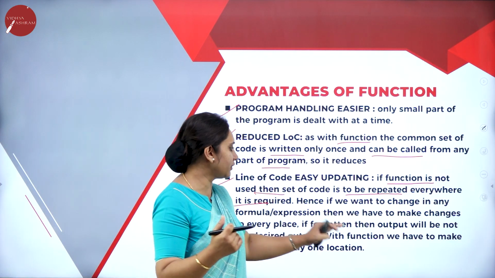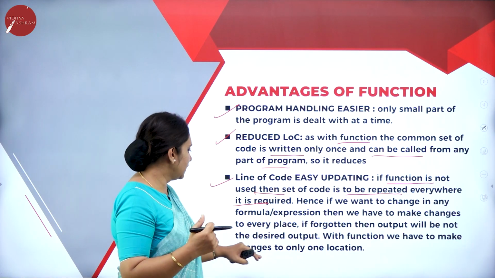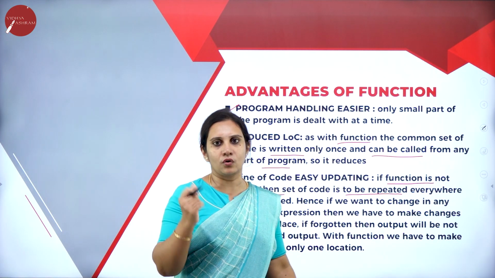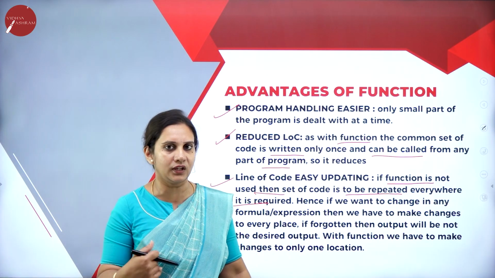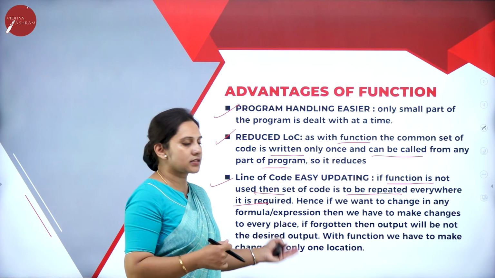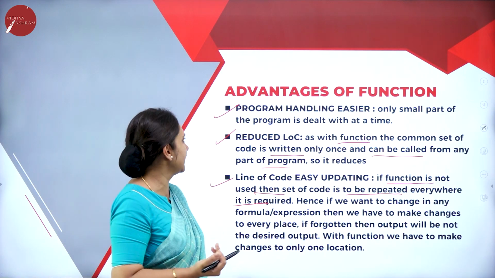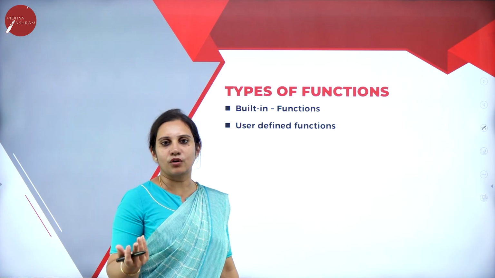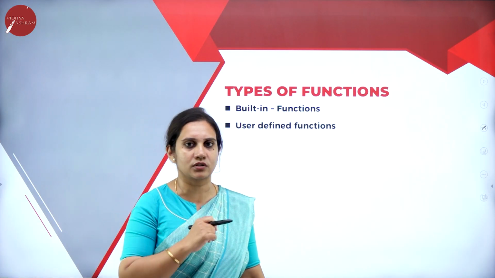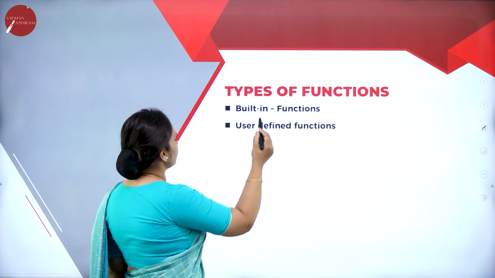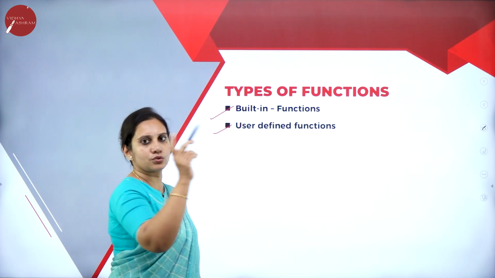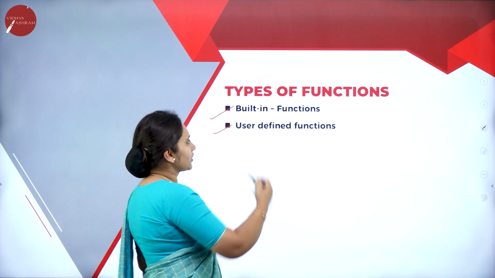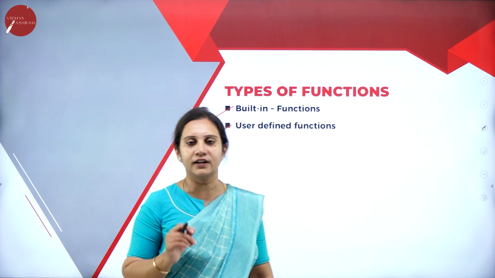But with the help of a function, we have to make the change in only one location. That is a feature of the function, and why exactly a function is needed. So these are some of the advantages of a function. Now let us see the types of functions. As I told you, it has two types, that is built-in functions and user-defined functions.